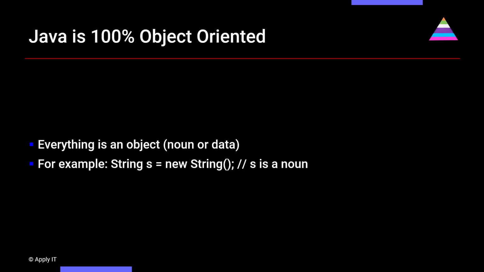Before going into functional programming, we understand that Java is 100% object oriented. That is, Java's focus was on noun. Major focus was on noun. So everything is an object in Java. So an object, we represented it as a noun. As an example, if I create one object, say string object S, then that S is a noun.